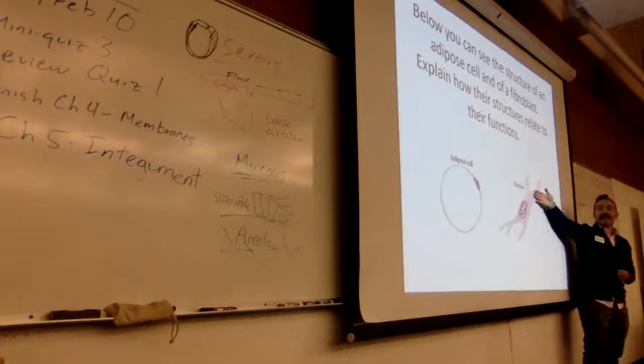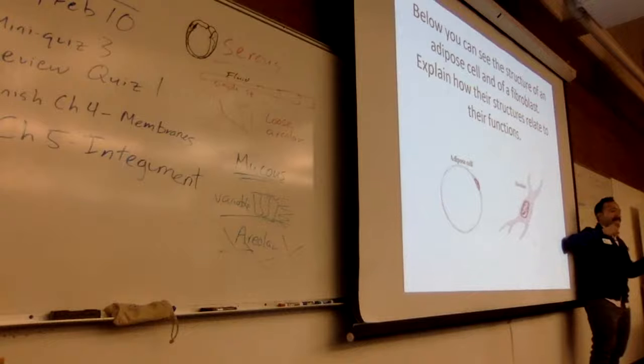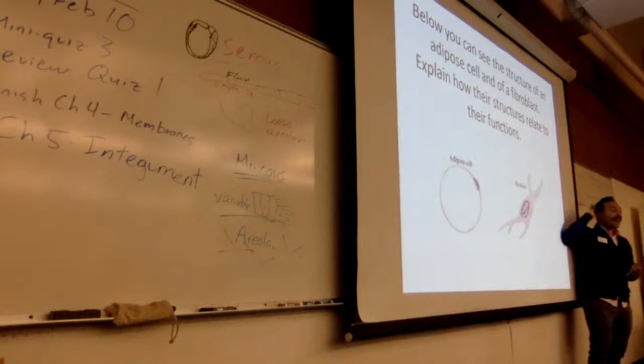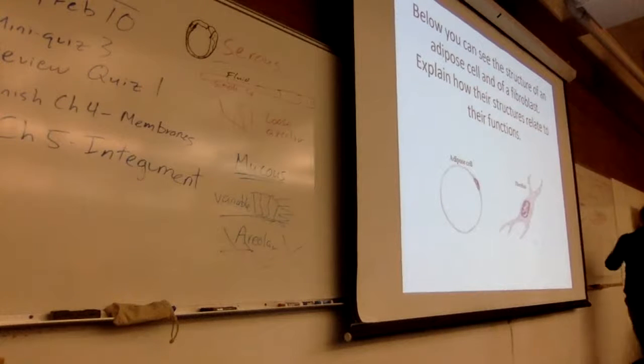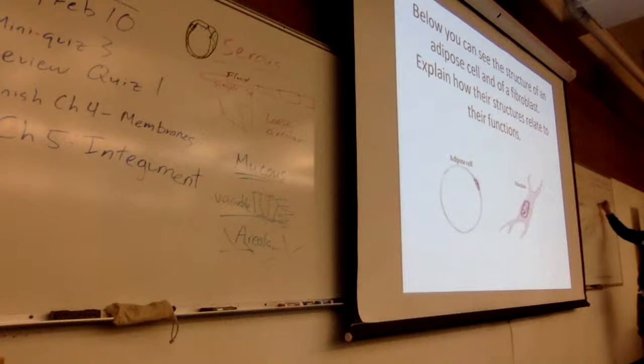Once the fibers are made and they're put out here, it becomes the what? Extracellular matrix. Okay. The function of fibroblasts is to create fibers for extracellular matrix. That's its function. We didn't describe its structure though.